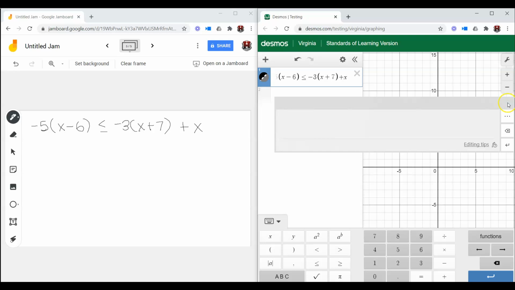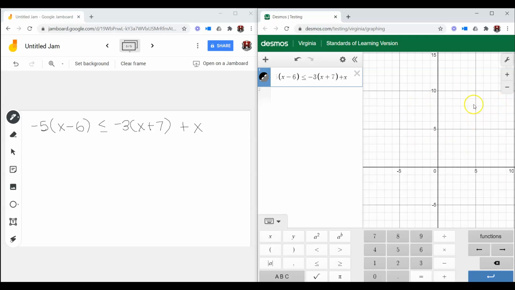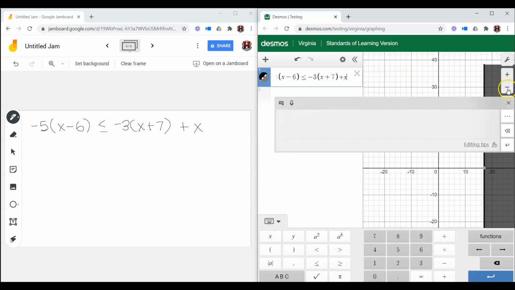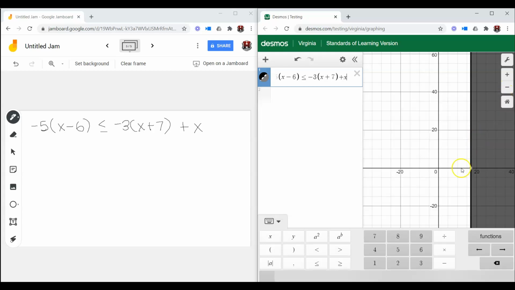Now notice again I'm through typing, and notice I don't see my graph. So I am going to go ahead and hit this minus button right here to zoom out. And now I can see my line and my shading. So that's what I needed.